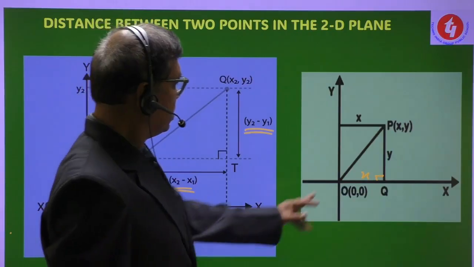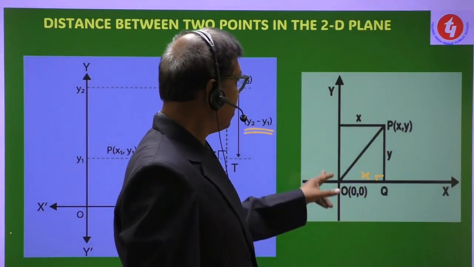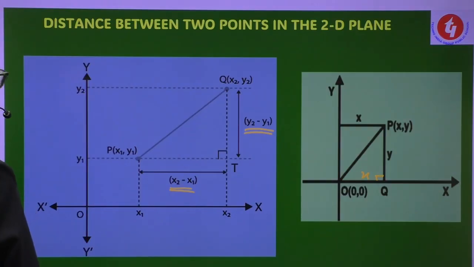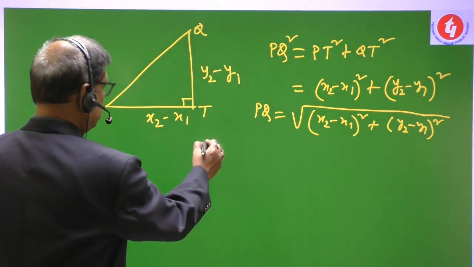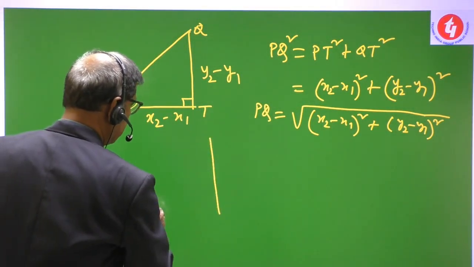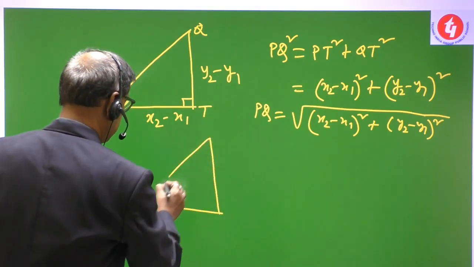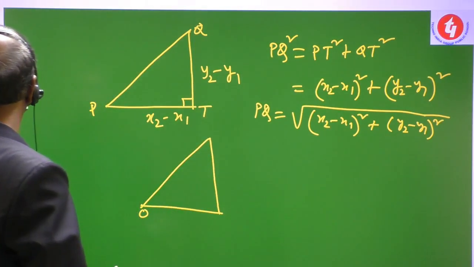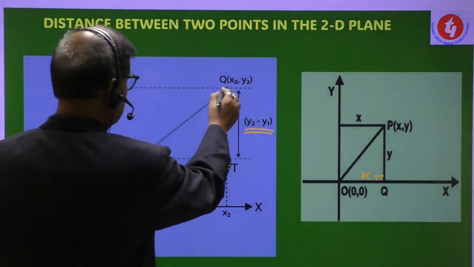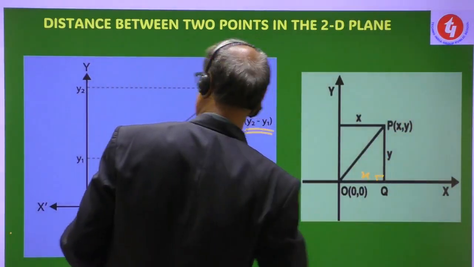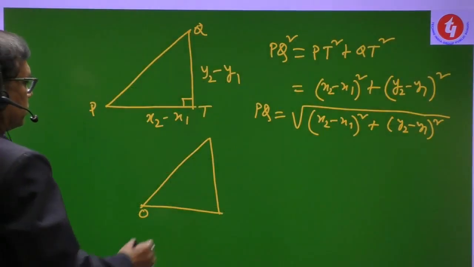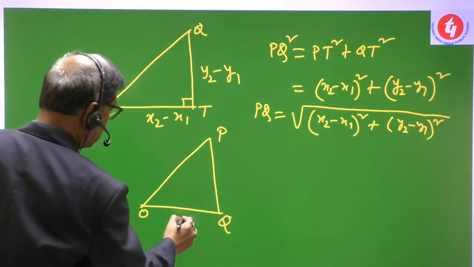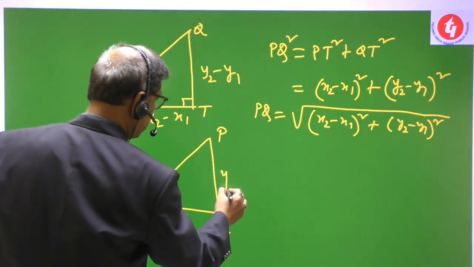So again, it is a right angle triangle OPQ. Again, we are getting one right angle triangle. This is O, see the figure, and this is P, and this is Q. That means PQ, and we got this length is X and this is Y.